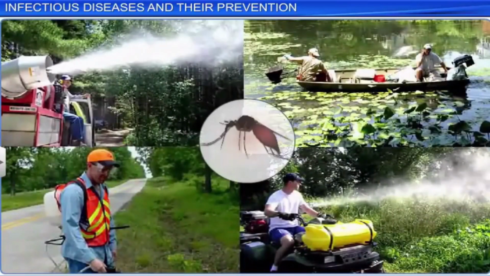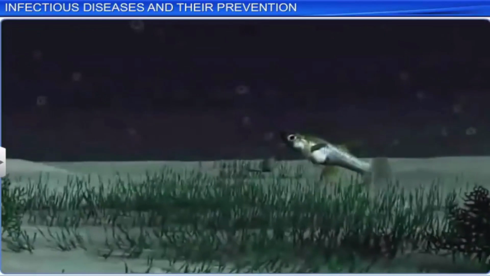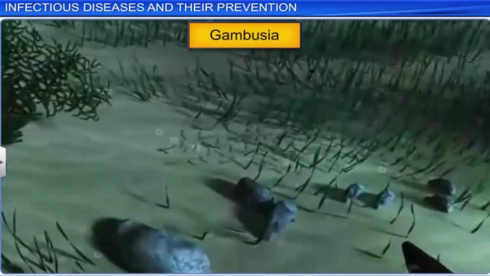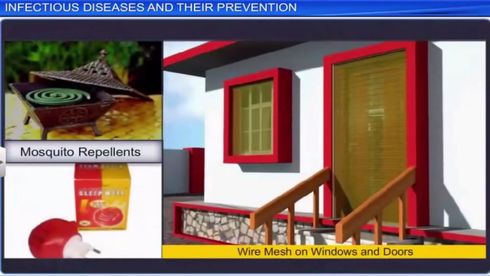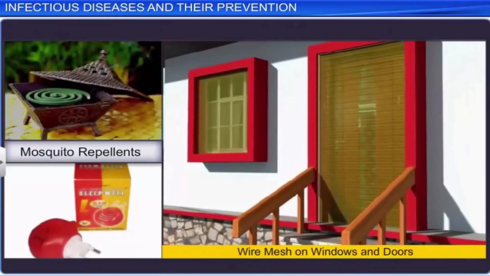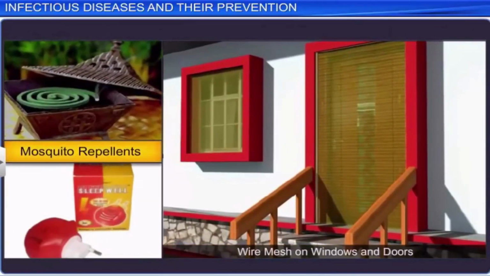Insecticides or kerosene oil should be sprayed in ditches, drains, and swamps. Some fish like gambusia that feed on mosquito larvae should be bred in ponds and lakes. Doors and windows should be provided with a wire mesh to keep mosquitoes outside, and at night, mosquito nets and mosquito repellents should be used.